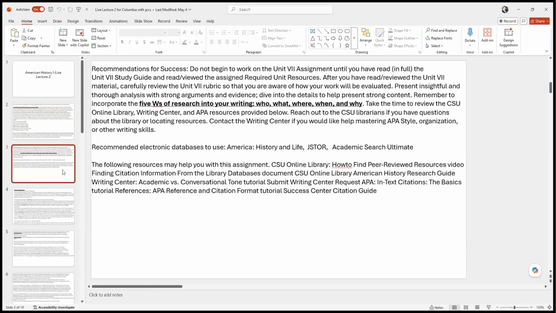I think it's important to always tell people too, for any kind of research paper you do, always try to meet these 5 W's in your writing and answer the questions of who, what, where, when, and why. If you approach your paper that way, you'll do good.